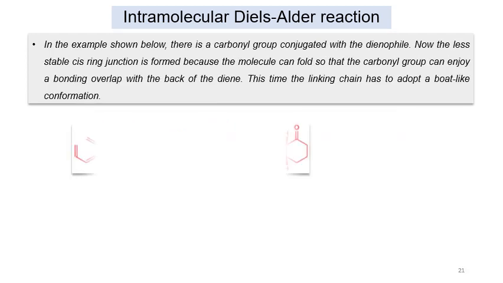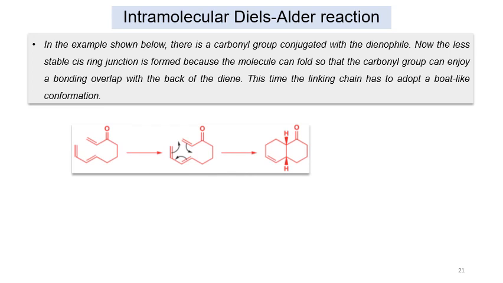On the other hand, if you have this particular transformation, this very clearly gives you endo product. Why? Because now the molecule has to fold so that the carbonyl group can have a bonding with the rear of the diene or the back of the diene. For this, the chain, that is this, has to adopt a boat-like conformation.